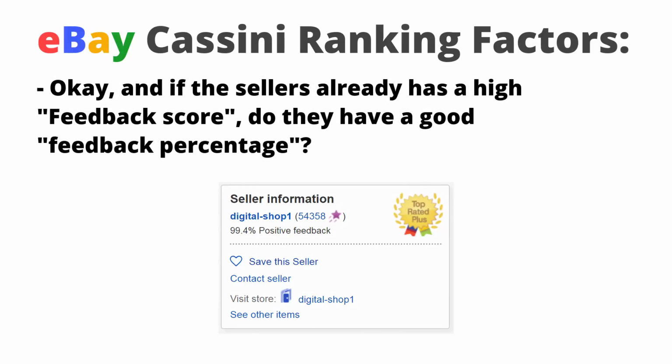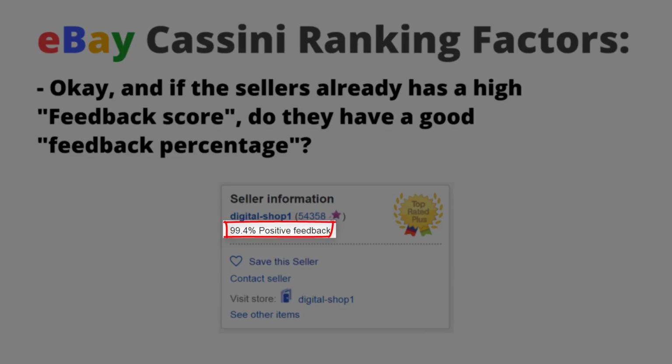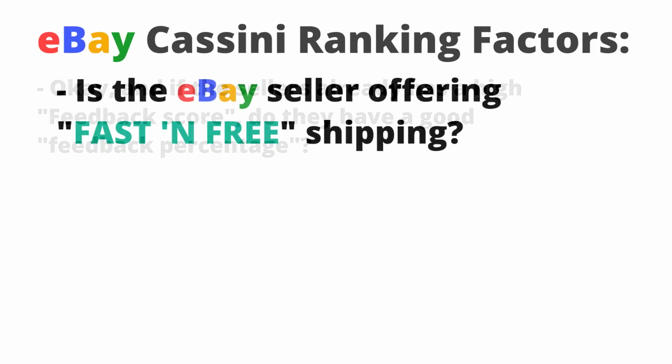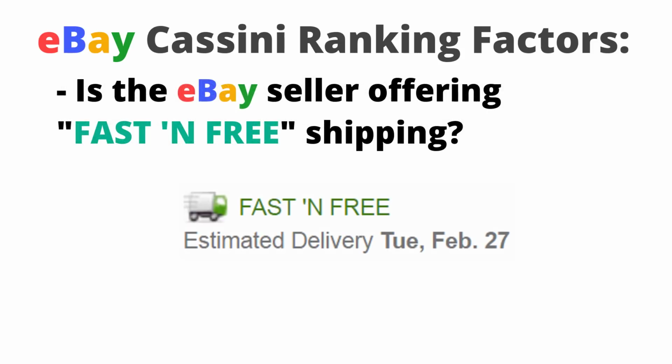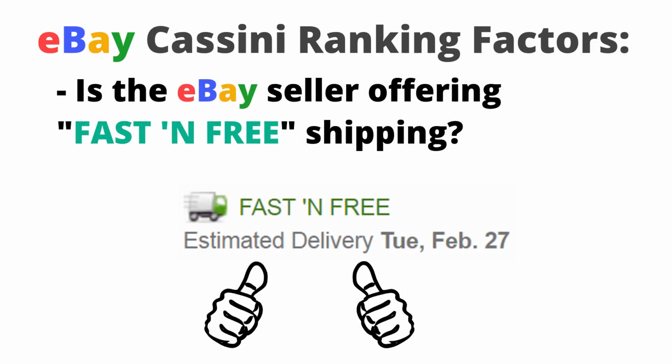And if the seller already has a high feedback score, do they have a high feedback percentage to go along with that? Is the eBay seller offering fast and free shipping? This will give the eBay shopper a better experience as well because shoppers always like to receive their stuff quickly.